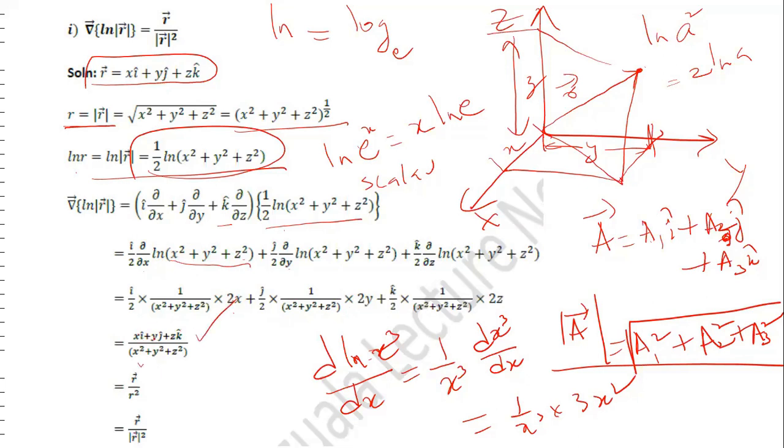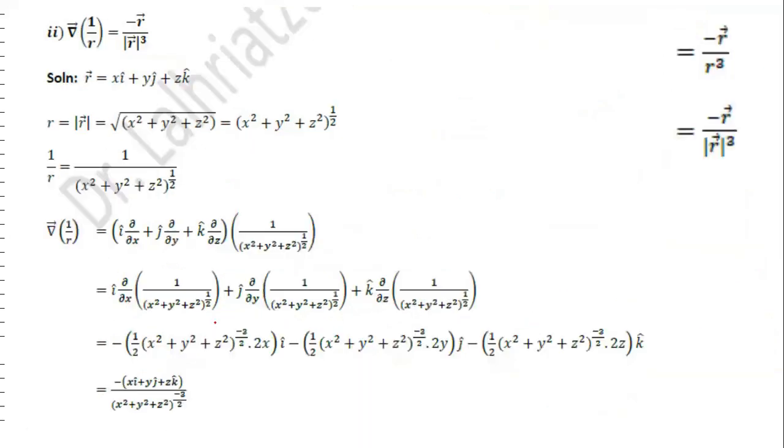This is your vector itself, and this is your r square, because your r is square root of this, so x square plus y square plus z square will be your r square. You should be able to follow this if you are familiar with this kind of calculus, but you are expected to know the calculus, right? So this is also something similar.